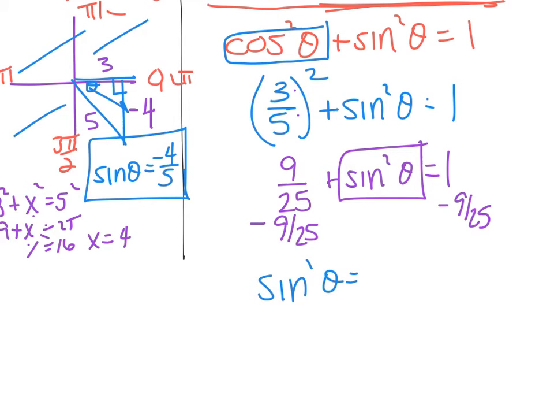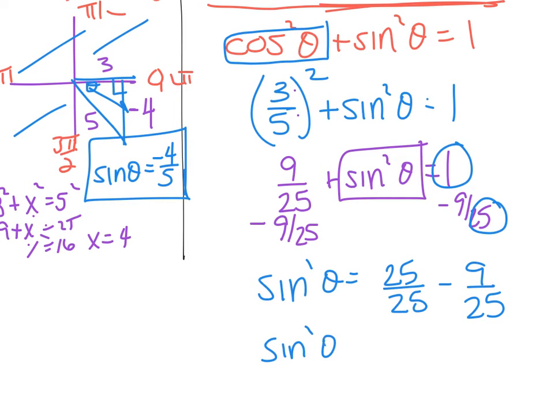Remember, when I subtract, I just want common denominators. Another way to say 1 is any number divided by itself. Well, if the denominator is 25, I'm going to call it 25 over 25 minus 9 over 25. Do you see what I did there? 1 is equivalent to 25 over 25. Now I can subtract the numerators and keep the denominators. So sine squared theta equals 16 over 25.